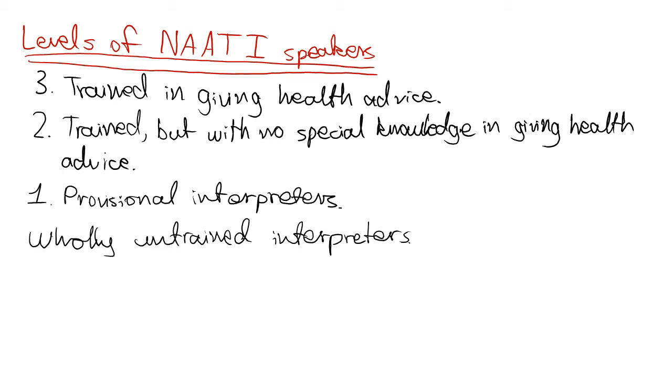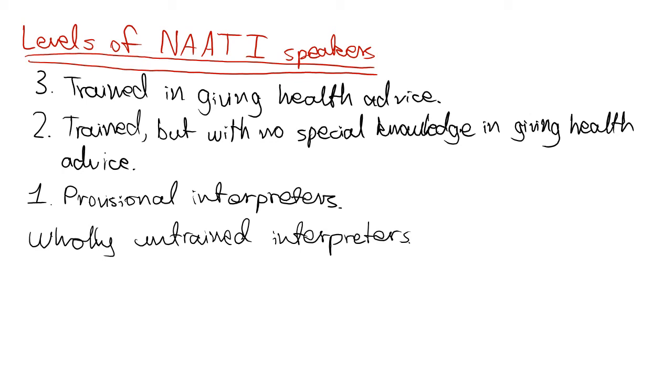So wholly untrained interpreters are people who can include members of the patient's family, translators that may be registered with NAATI but have not received any training, and other doctors and professionals who may be present in your practice that do speak the same language of the patient, but they are not trained in any specific manner.